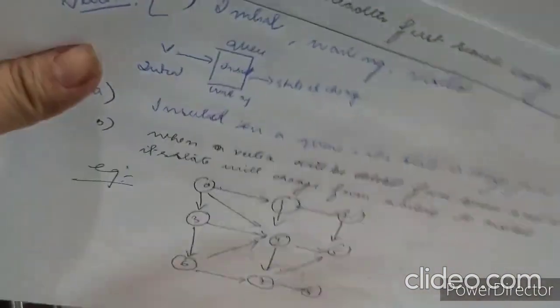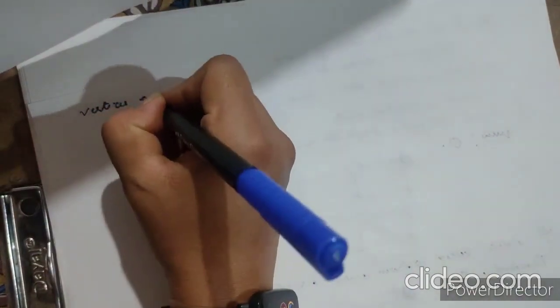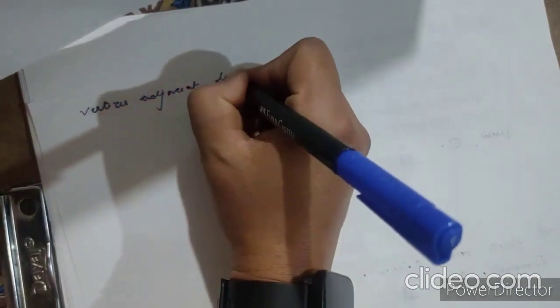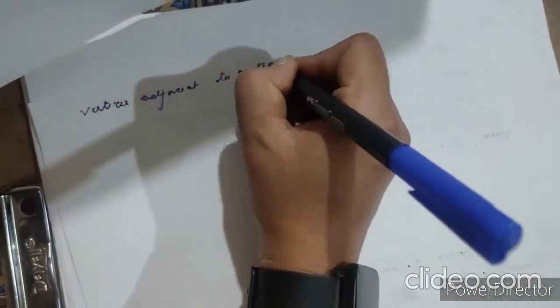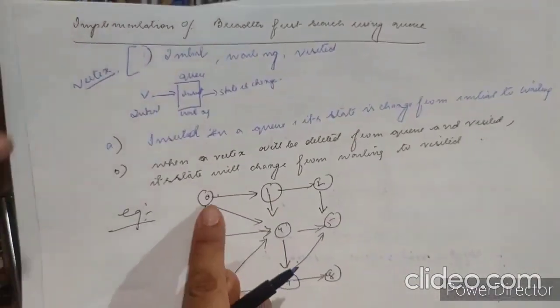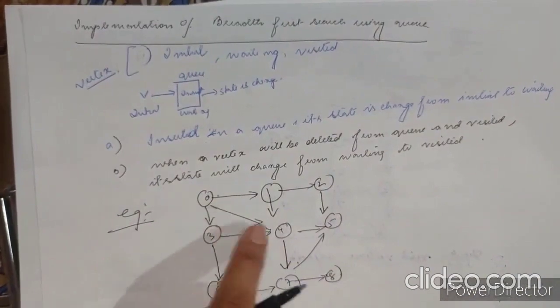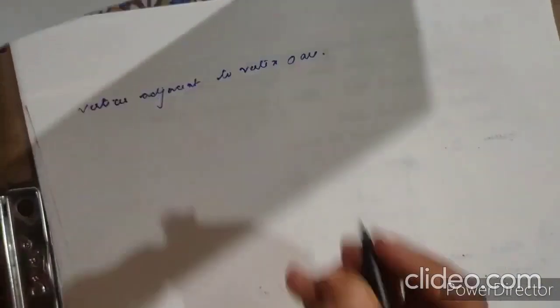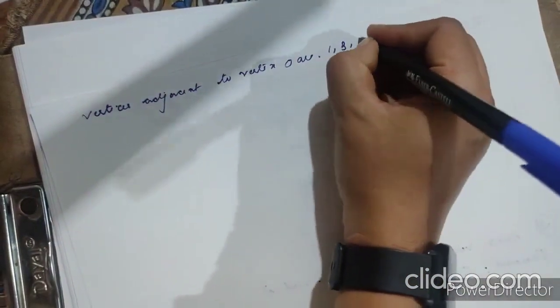Now, what does the traversal say? The vertices adjacent to vertex 0 are 1, 4 and 3. I'll take them as 1, 3 and 4.